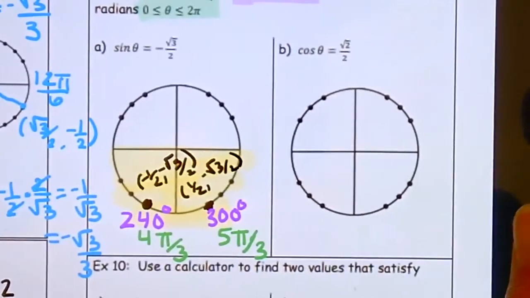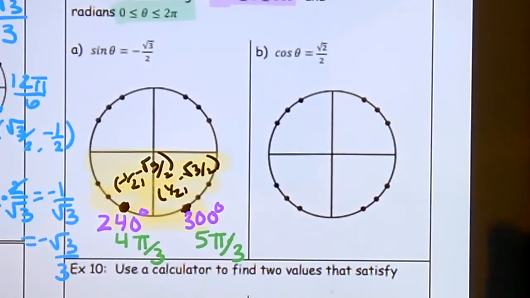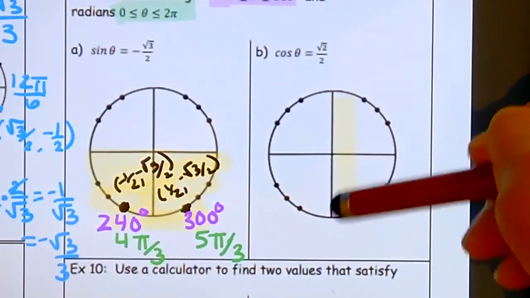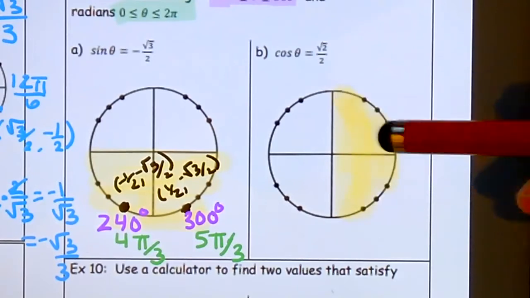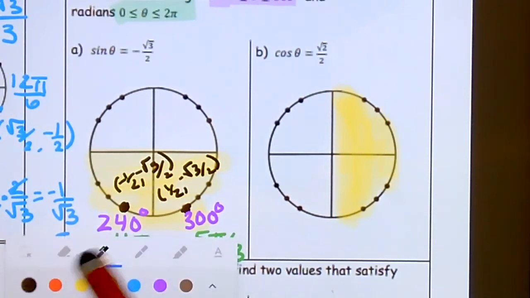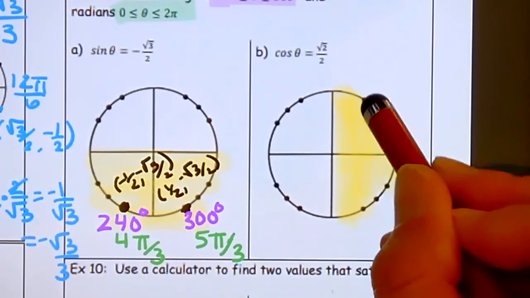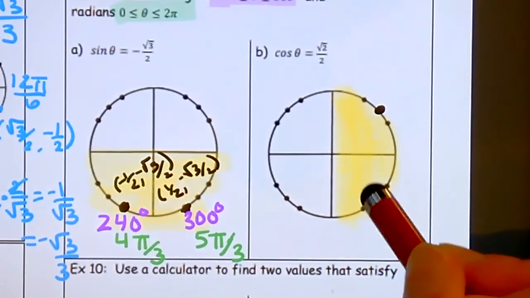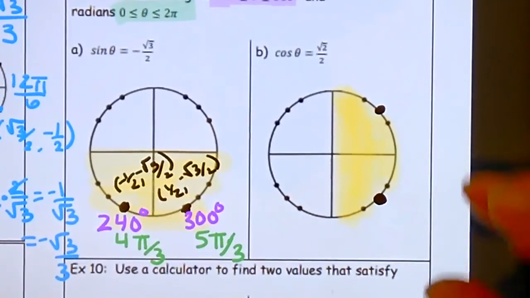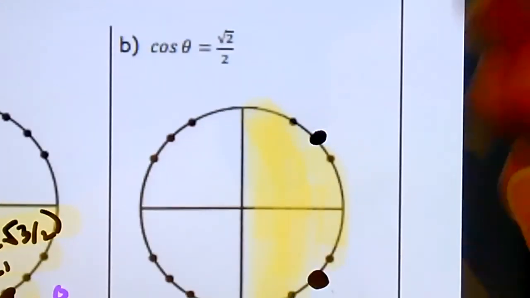So now we're going to do the same thing with this problem. Where is my cosine positive? So my cosine's positive in these 2 quadrants. So I'm going to be in these 2 quadrants. And then where is my cosine √2/2? Well, it's going to be √2/2 here and here. Okay. So again, let me just write this out.